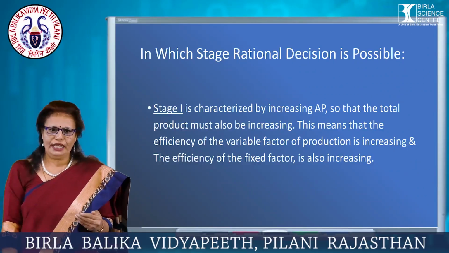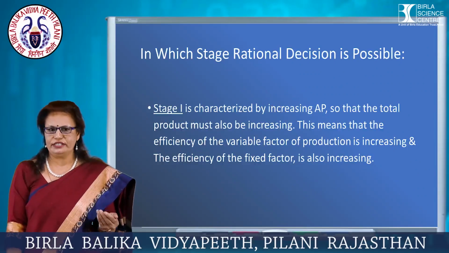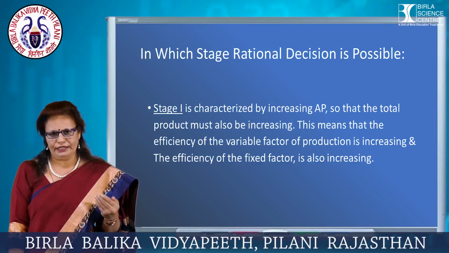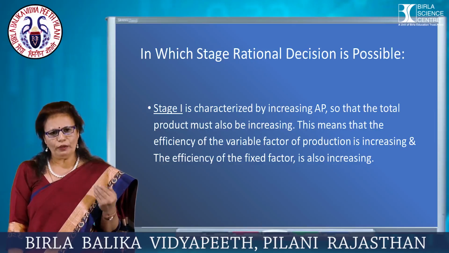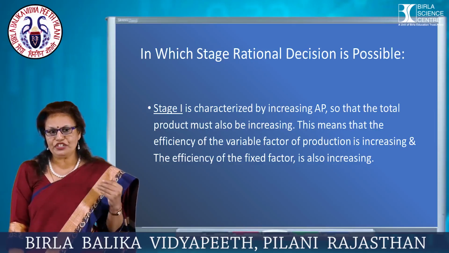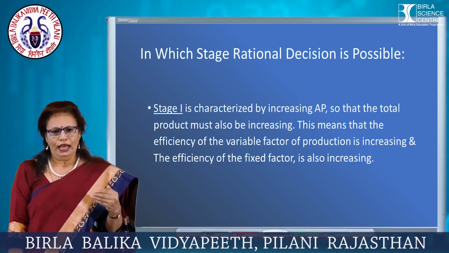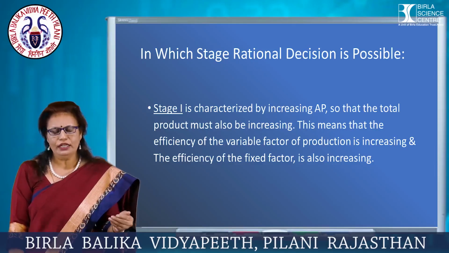Now we have to decide in which stage rational decision is possible. Stage first is characterized by increasing AP so that the total product must be increasing. This means that efficiency of the variable factors of production is increasing and the efficiency of the fixed factor is also increasing.